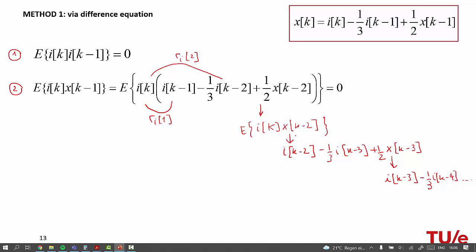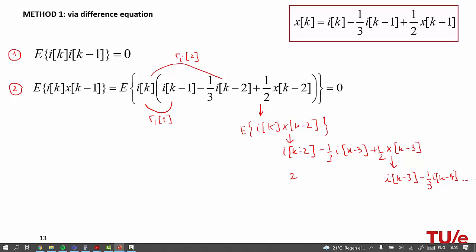So from this we can observe that x shifted by 2 will give me noise components, so innovation sequence components, that are shifted by at least 2 lags.